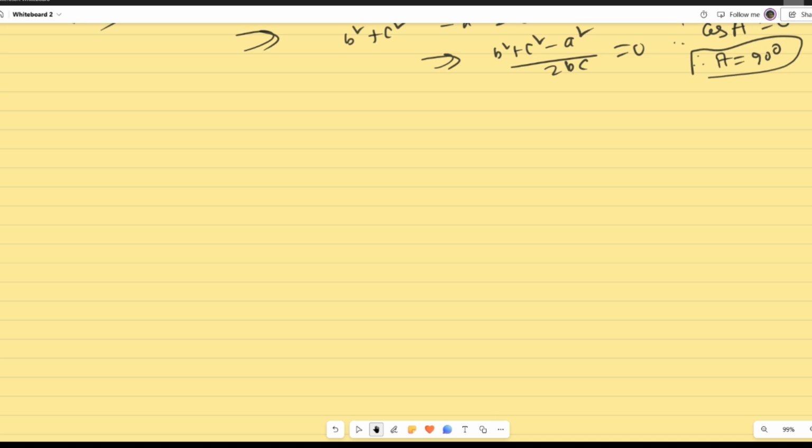We are solving WBJEE 2023. So 5 into 10 will be outside, root 2, 50 root 2. What is S over there? We have calculated S, 20. So R equal to delta by S, 50 root 2 by 20.